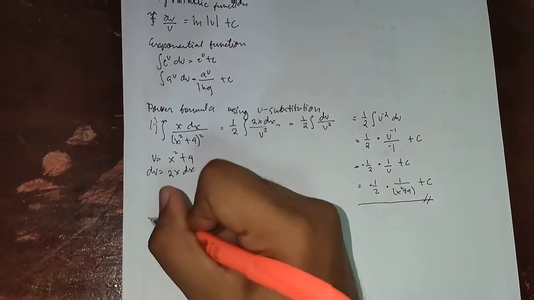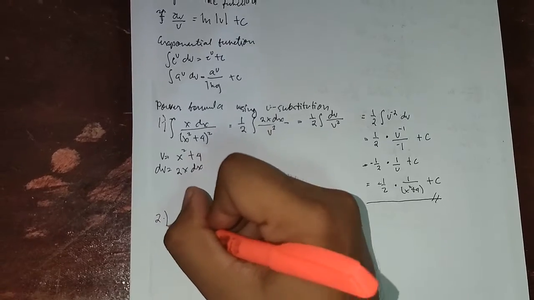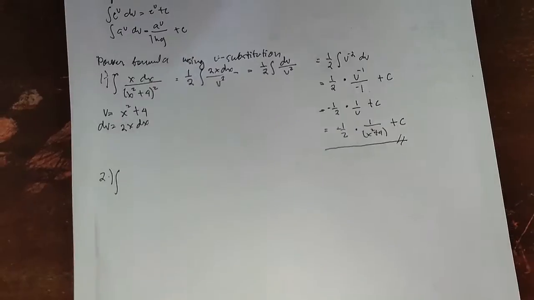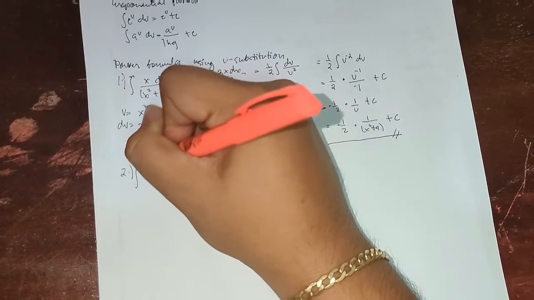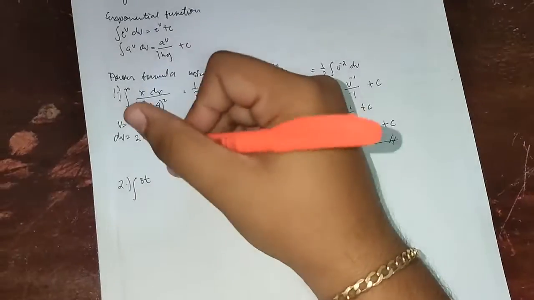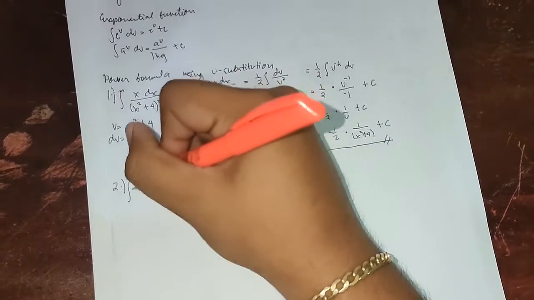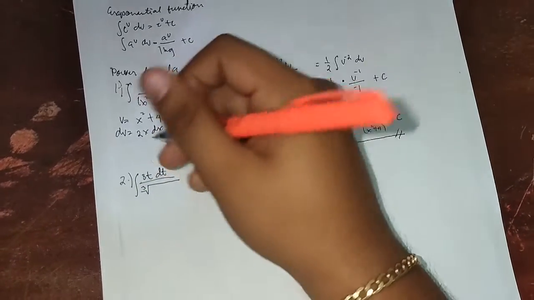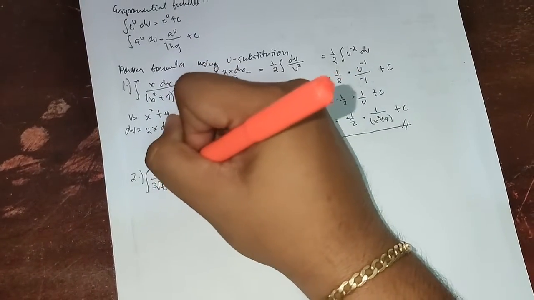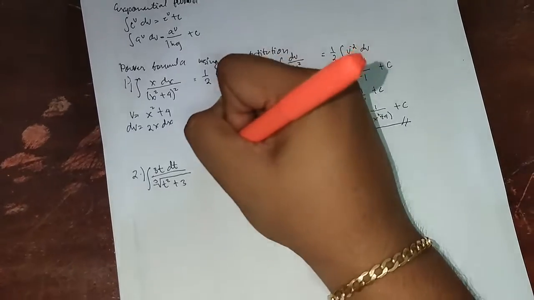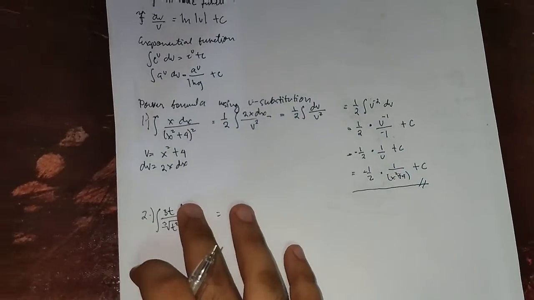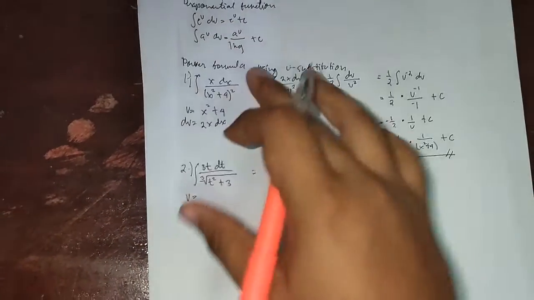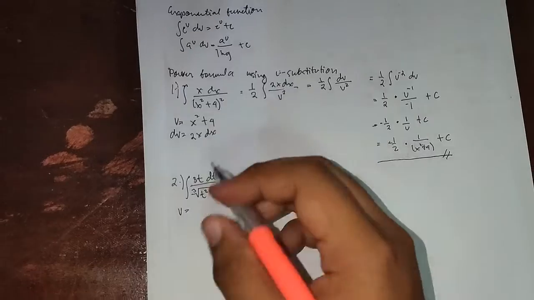Here in example number 2, we have the integral of 3t dt over the cube root of t squared plus 3. As I've mentioned before, you can find your u inside the parentheses or in the radical sign.